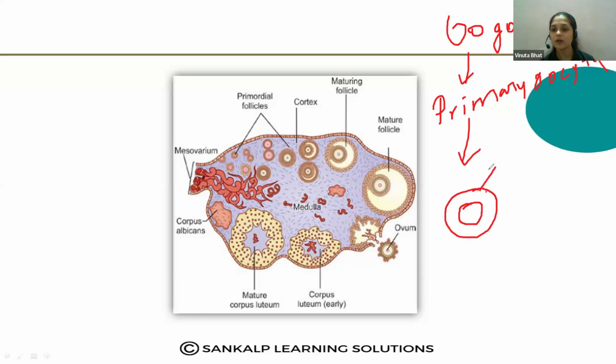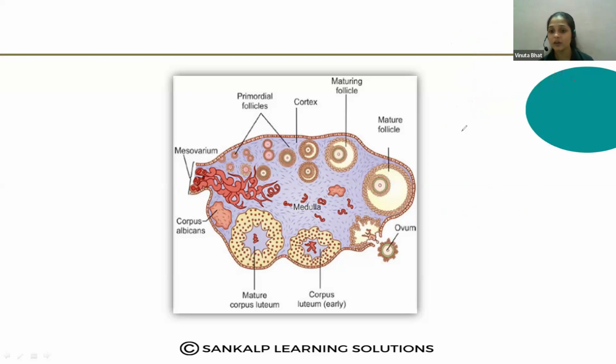So they are called primary follicles, again secondary follicles, and tertiary follicles. So inside the tertiary follicle, what is present? That is the primary oocyte, right?